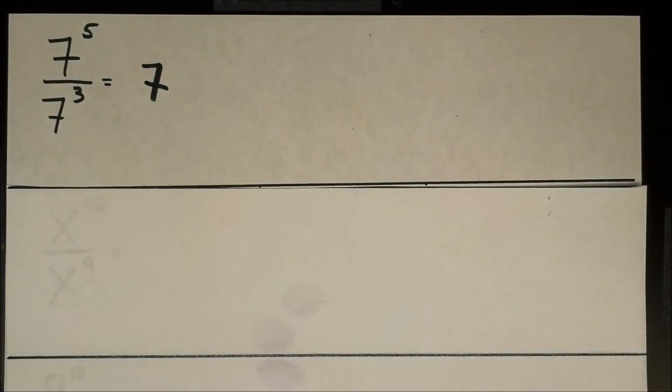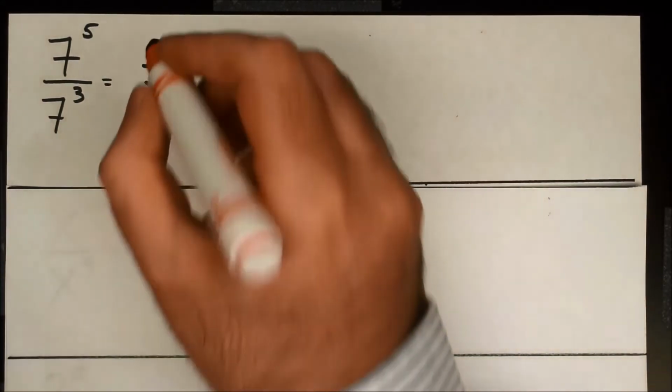If you have the same base, and you have two exponential forms and they're being divided, what's the rule? What do we do to the exponents? If you said subtract them, you're absolutely correct, and I will agree with you.